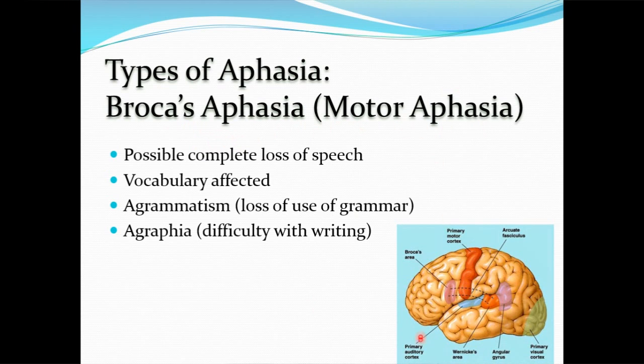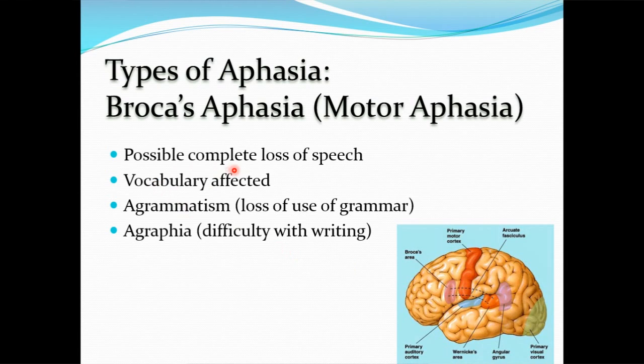If you think about where Broca's area is, and you think about where the primary motor cortex is, you can see that Broca's aphasia is in this premotor cortex area. Now, different diagrams will show Broca's area in slightly different regions, but it is always in the region of the premotor or motor cortex. And what that illustrates for us is that it's a motor disorder.